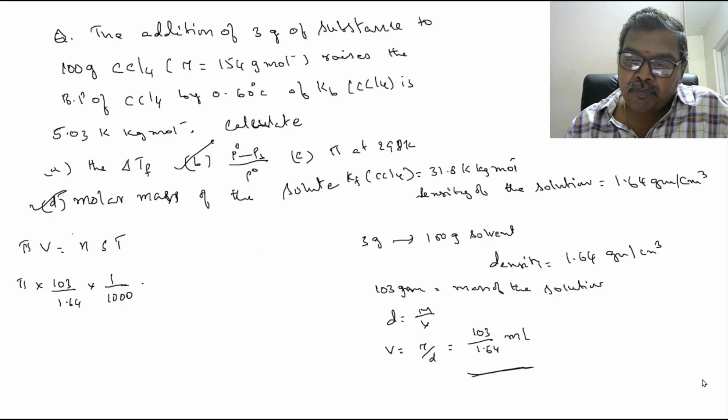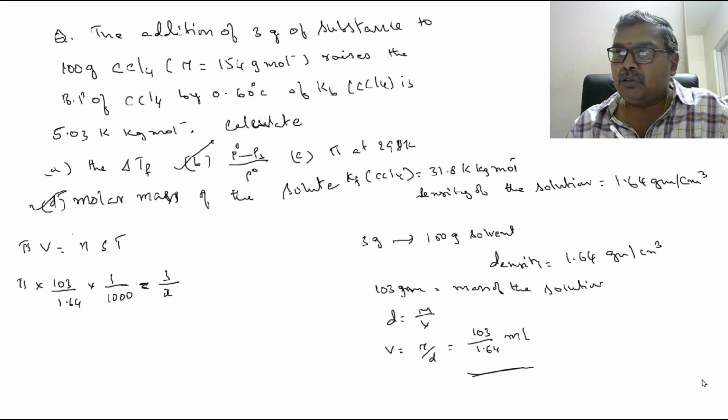Number of moles is weight of solute, 3, by the molecular weight of the solute you calculated, which I said X, into 0.0821 into 298.